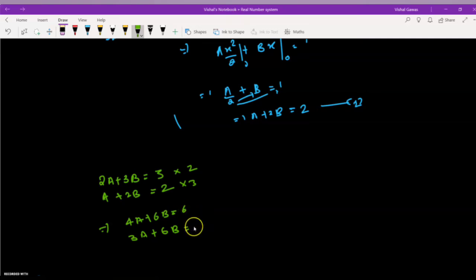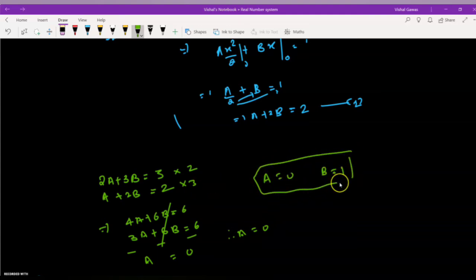So what we get is this will be 6. Okay, all right, it's fine. So if I subtract, this gets cancelled. I get 4a minus 3a is a, and this is 0. Therefore, a is 0. If a is 0, b is 1. As simple as that, right?